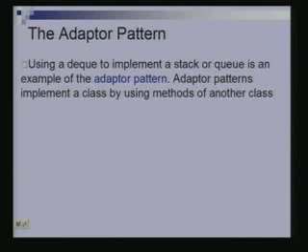So this is the notion of an adapter. What we have done is use a double-ended queue to implement a stack or a queue, and this is an example of an adapter pattern. Adapter patterns implement a class using methods of another class.